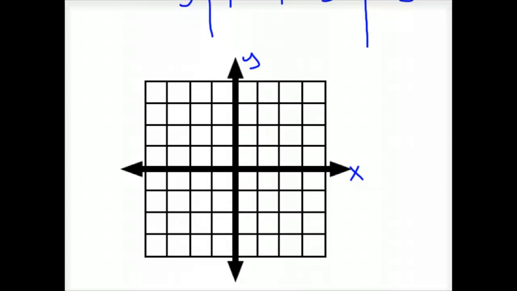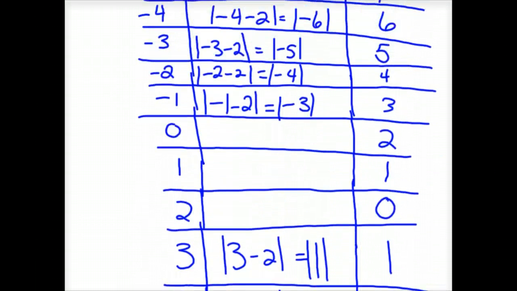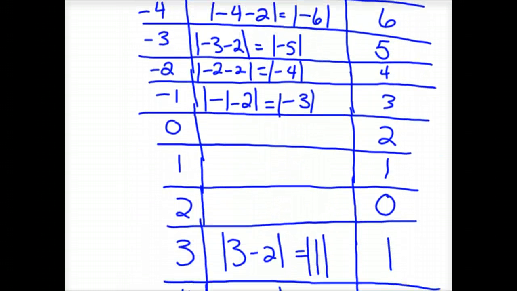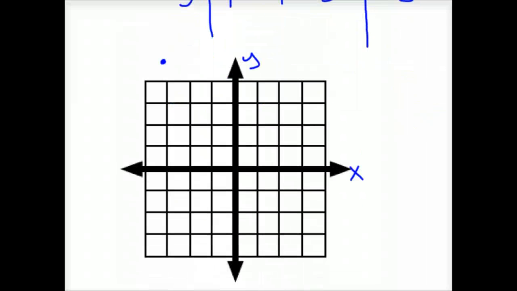1, 2, 3, 1, 2, 3, 4. It just goes one above. So there's negative 3, 5. Then negative 2, 4. Negative 1, 3. 0, 2.